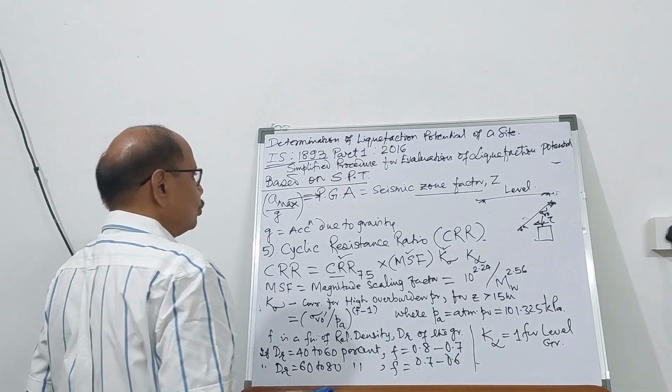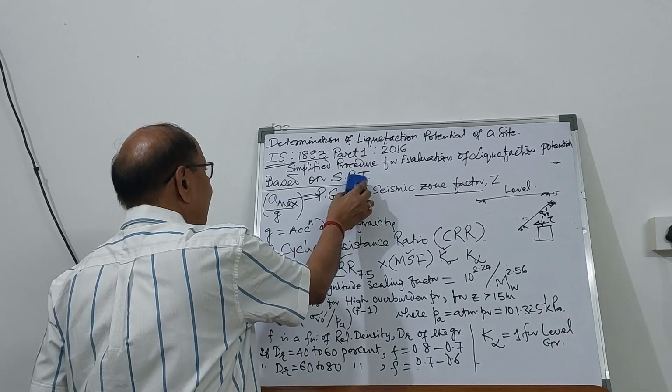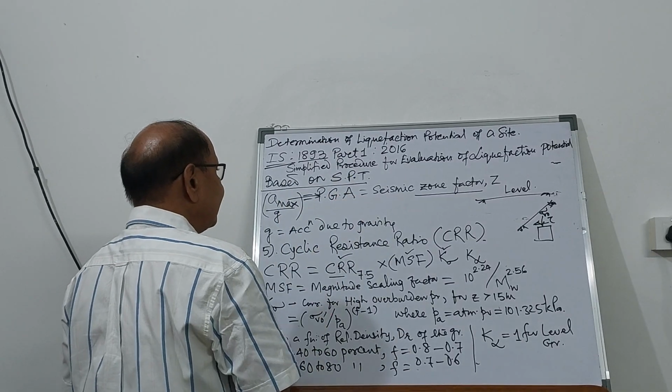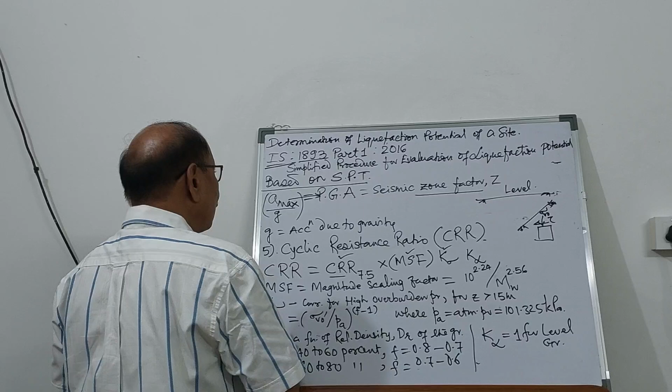Now, you will have to normalize the value because you have performed SPT test and recorded the number of blows.